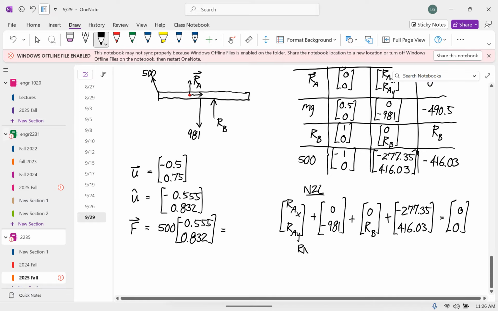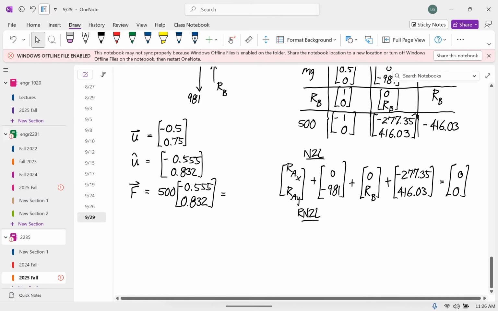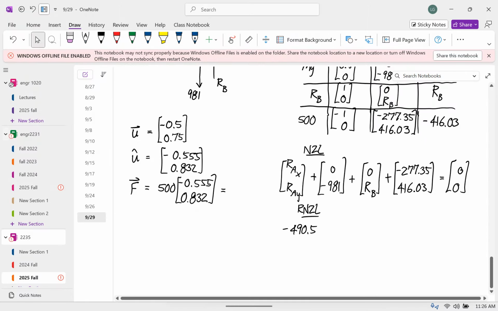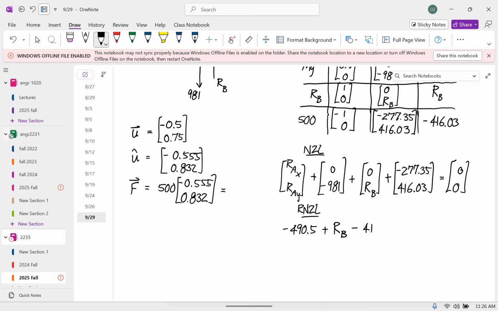And then the moment equation says 0 minus 490.5 plus RB minus 416.03 is equal to 0. And then that's three equations, three variables, and you can solve.